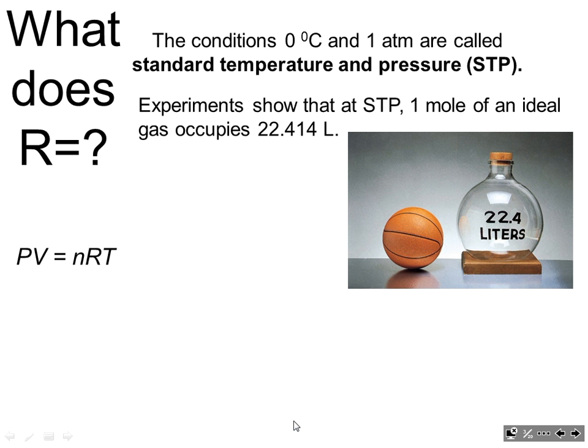if I have PV equals nRT, could you solve for R? Do you have the ability to solve for R on that equation?